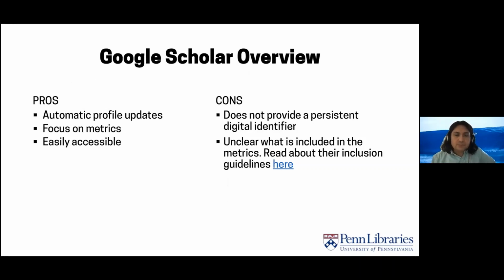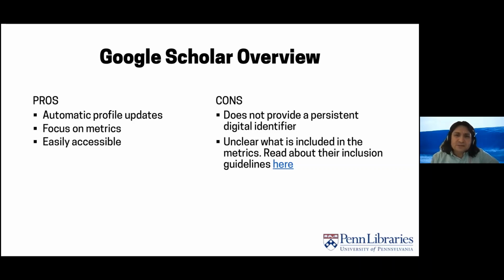Well, now a brief overview. There's an automatic profile update. Again, there's a focus on metrics, easily accessible, because it's just a regular Google platform that everybody is familiar with. As cons, it does not provide a persistent digital identifier for yourself. At least with Scopus and Web of Science, you can refer to a digital identifier for your profile.